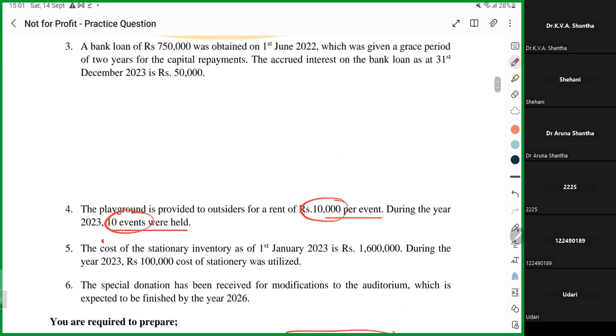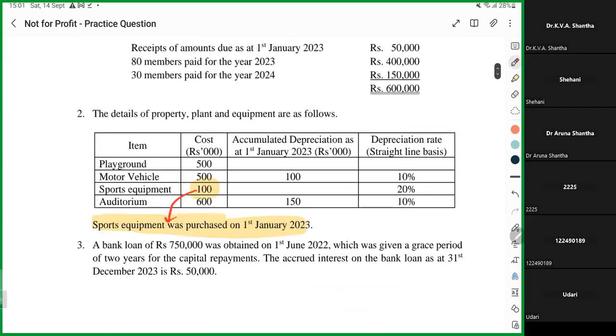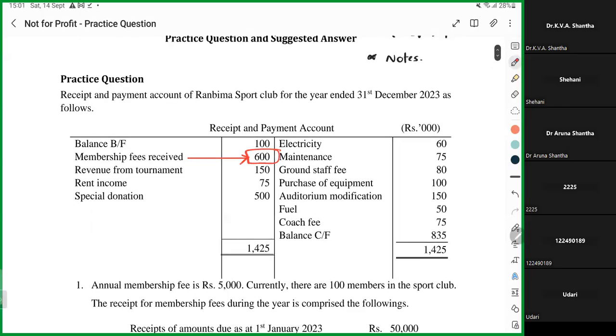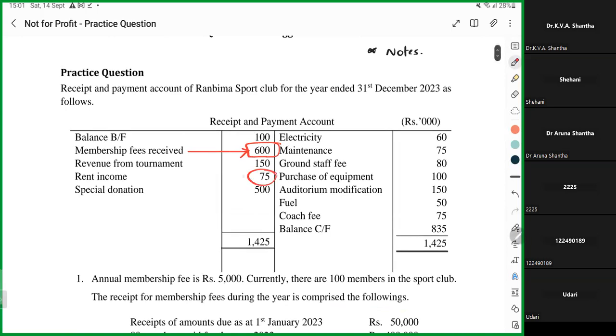Now let's see what you received. Rent income you received only 75,000. You should have received 100,000 as rent income, but you received 75,000. Then how much is receivable?